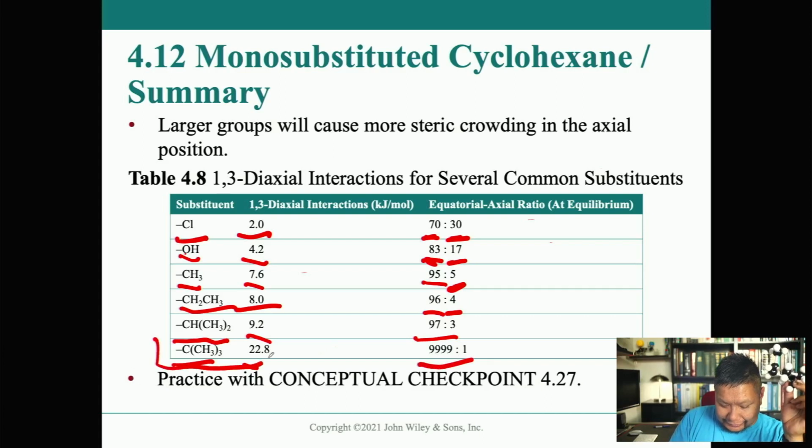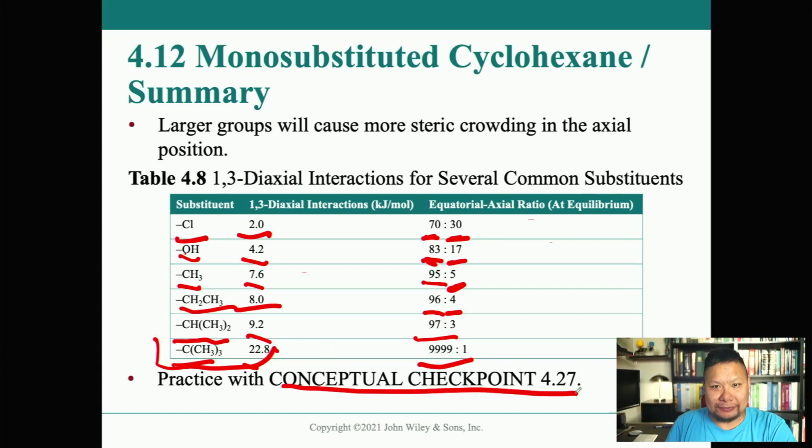So that's a lot of steric hindrance when you have a tert-butyl group sitting up there. And it kind of makes sense too. Look here, I have a free floating methyl group right here. Imagine that there, interacting with those 3 position hydrogens. Conceptual checkpoint, 4.27, practice.